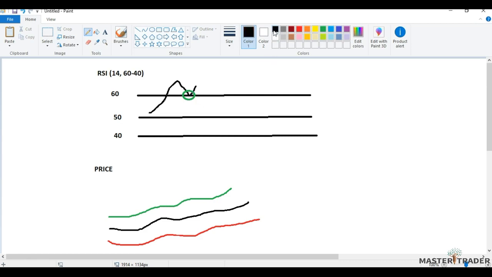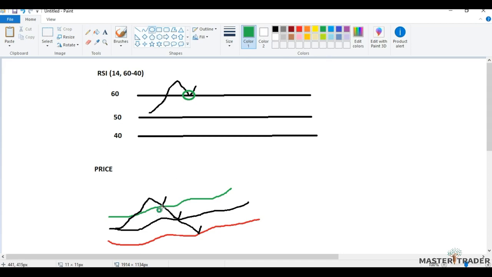So now if price, let's say, goes above the upper band, pulls back, and takes support at the middle band here. What we need to see is, guys, if RSI is taking support here like this, we need to see price taking support, going up, pulling back, and taking support either at the upper band, the middle band, or the lower band.